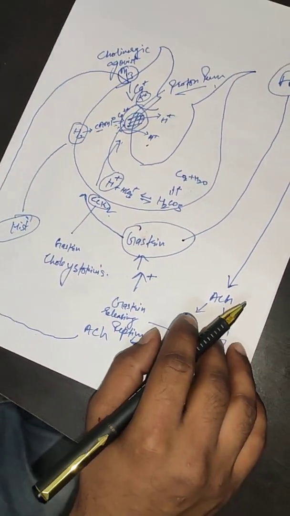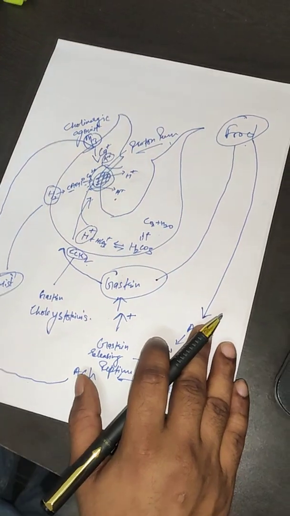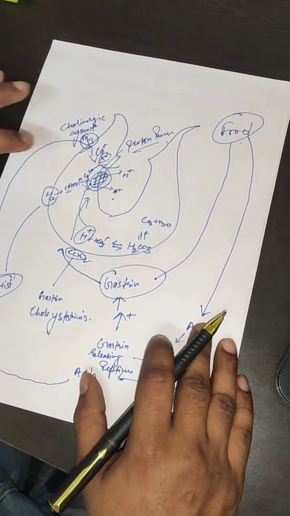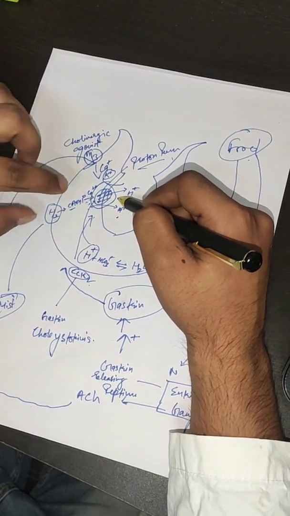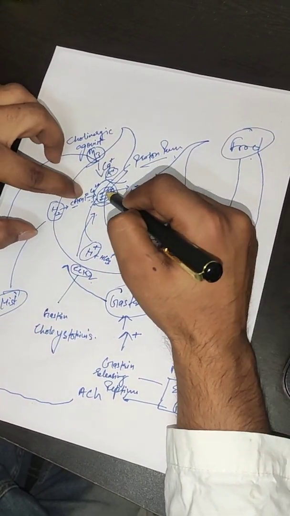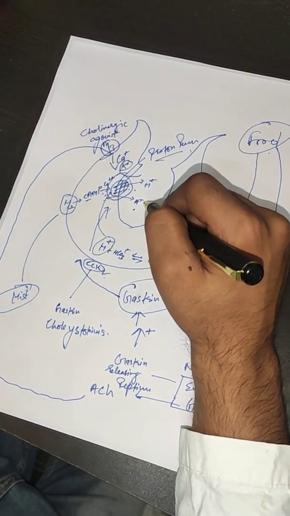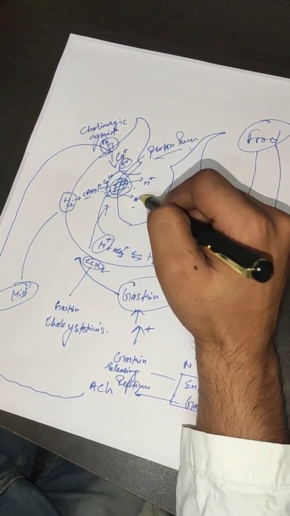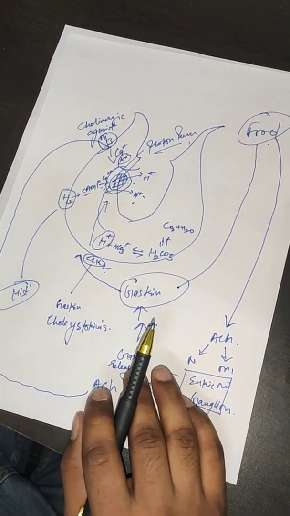So, for antipeptic ulcer drugs, we will focus mainly on the proton pump. We can inhibit the proton pump so that there will be no hydrogen ion in the lumen, and so no HCl forms.